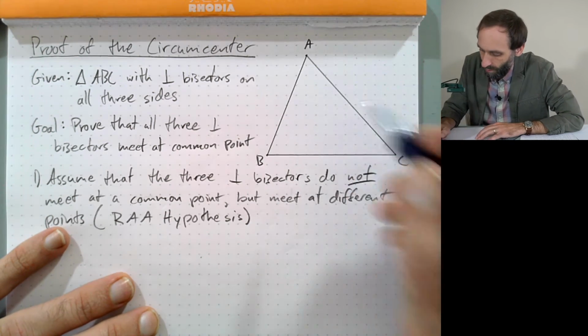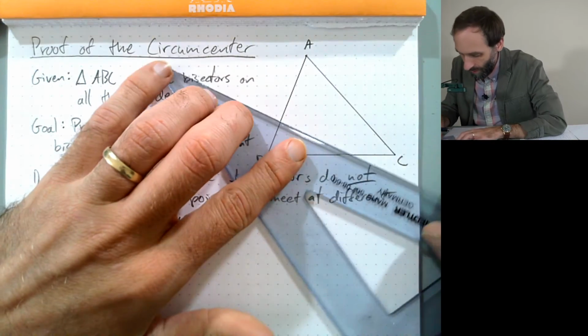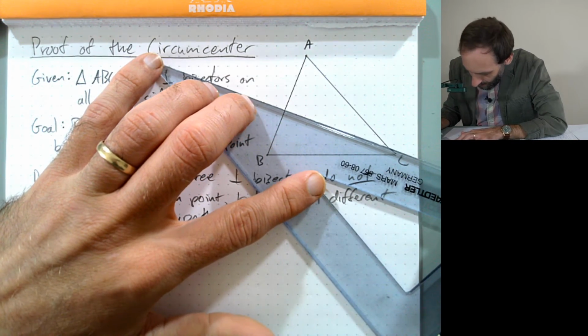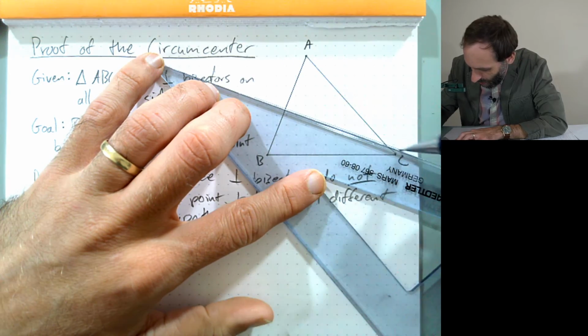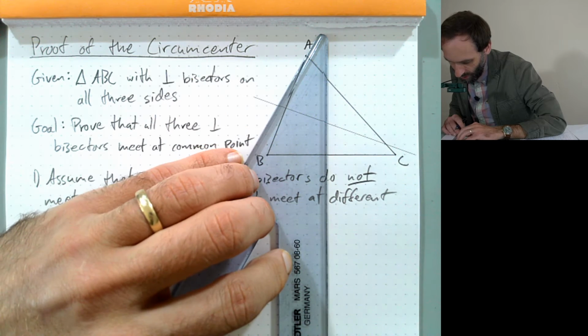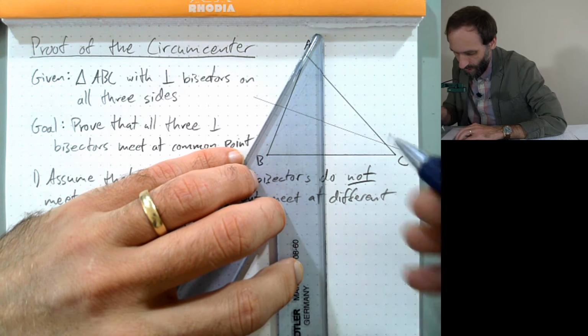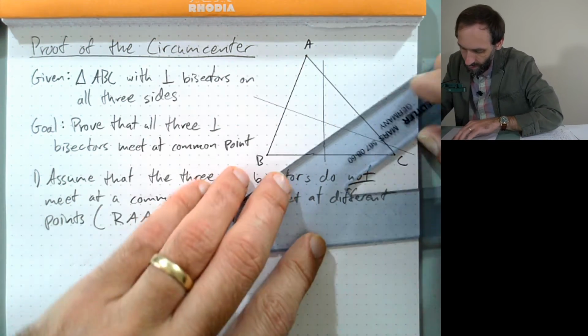Now, let's go ahead and put this in our diagram as well. I'm not going to construct these. We already looked at how the construction would happen, but I'm just going to draw sort of an eyeball approximation, although it won't be perfect because I'm purposely going to make them not meet at the same point.